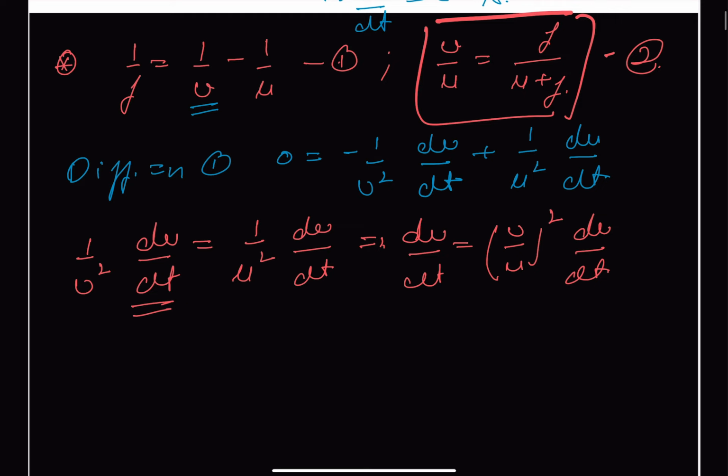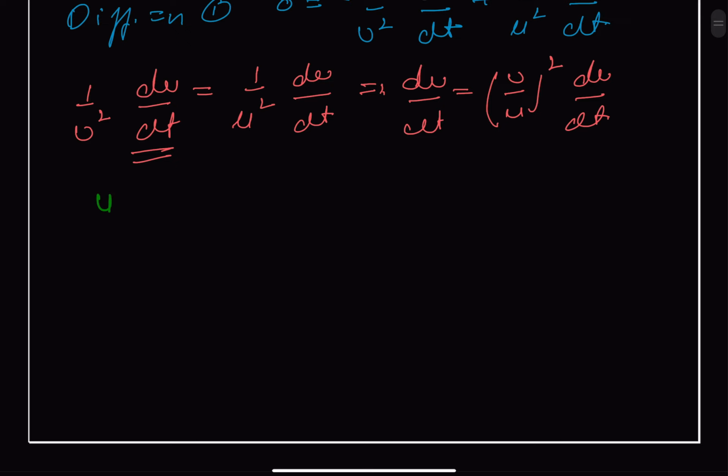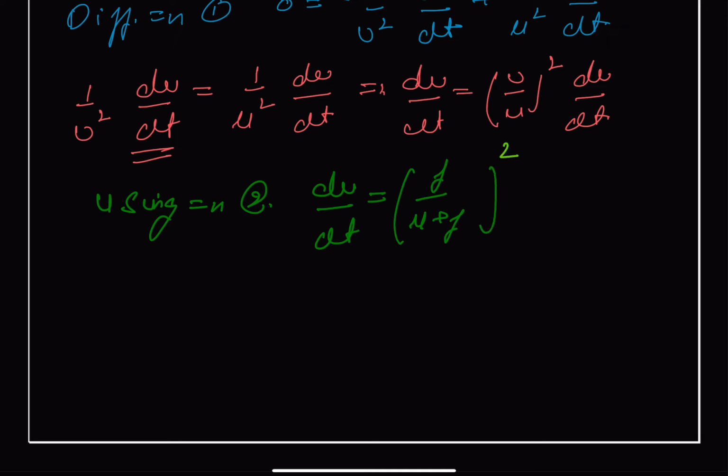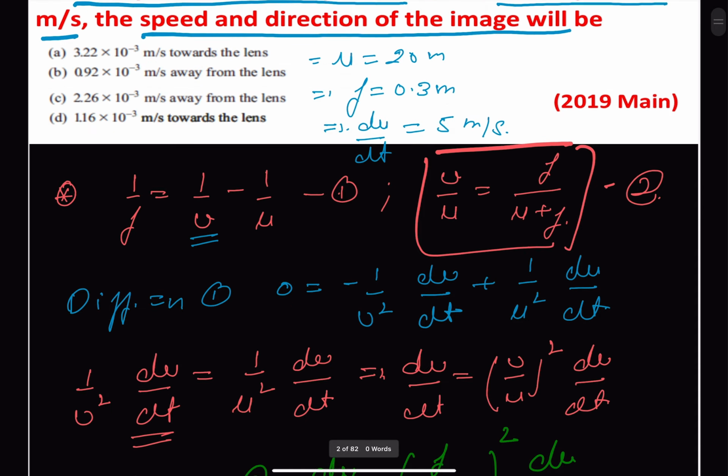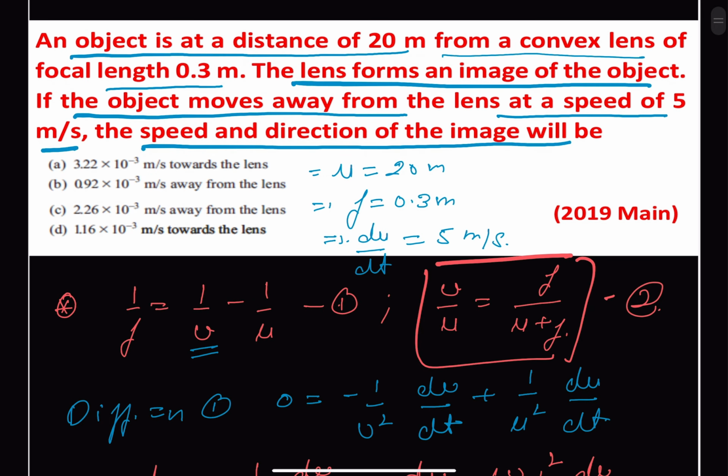So we can say, using equation 2, we get dv by dt will be equal to f upon u plus f whole square times du by dt. And we are already given all these values, and here the position of the object is equal to minus of 20.